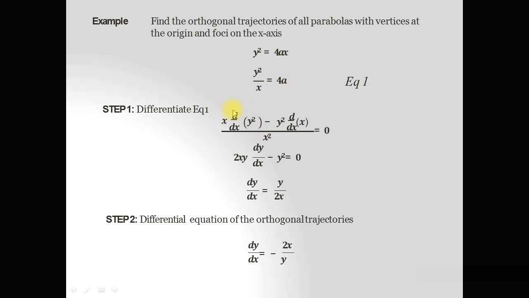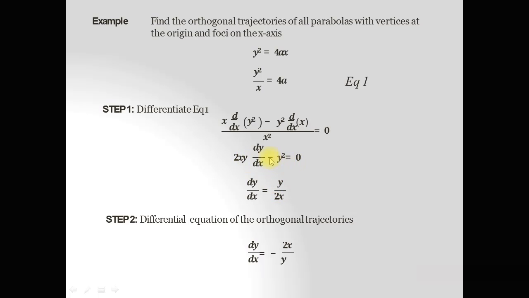Now using the chain rule, we get 2y dy by dx minus y square, and the derivative of x is 1. For the separation of variables, shift the term y square to the right hand side, or simply add y square to both sides and divide both sides by y, and we obtain dy by dx is equal to y by 2x.